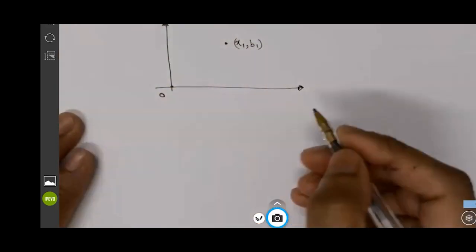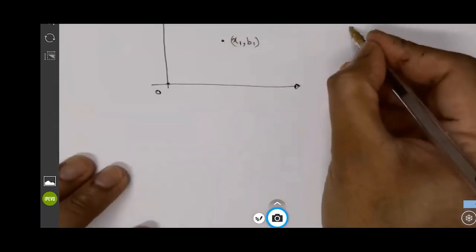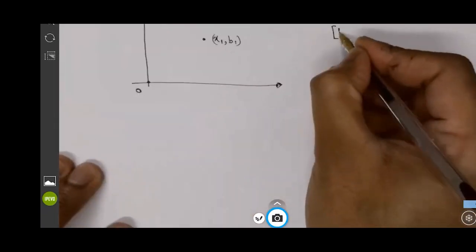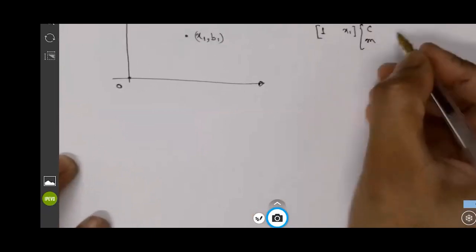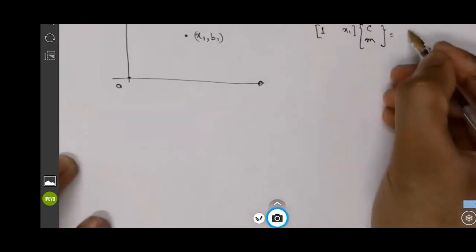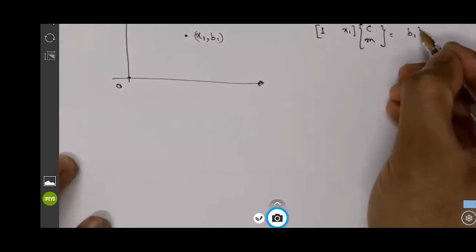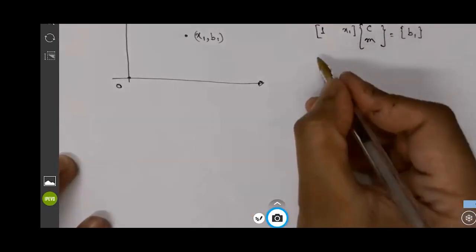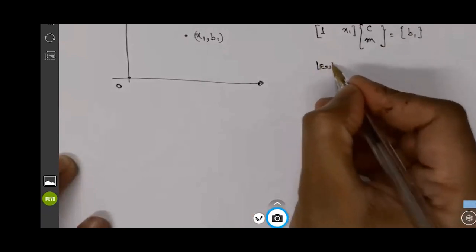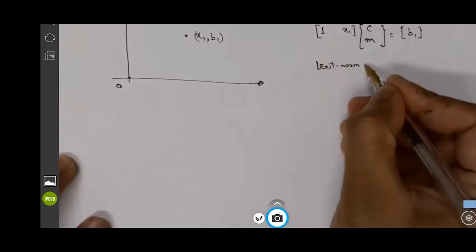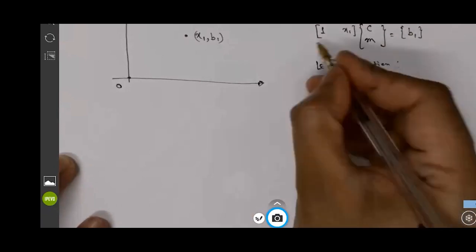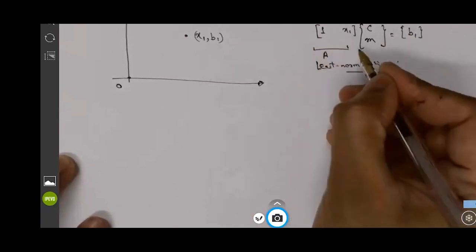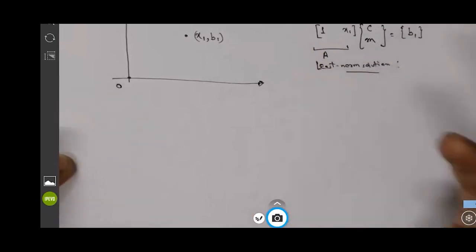Okay, so what I was saying is that if I have to pass a straight line through that, the equation that I have is this. And as I said, the least norm solution is given by this: this is your A matrix, a fat matrix, or an underdetermined system, meaning you have fewer equations and more unknowns.